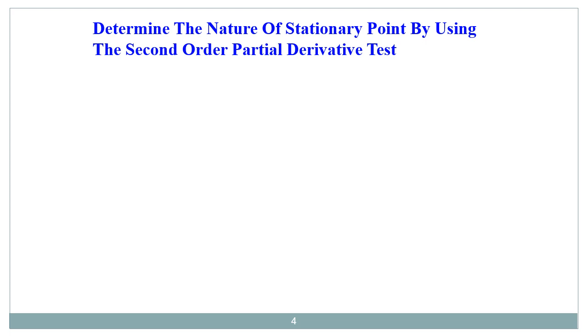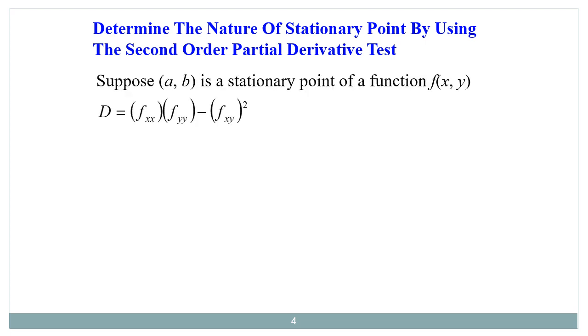But now how many partial derivatives do we have for the second order? We have 4, which are f sub xx, f sub yy, f sub xy, and f sub yx. So we need to use this formula to determine the nature of the stationary point.